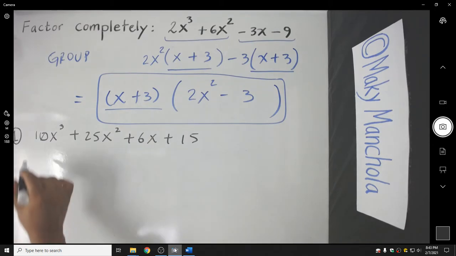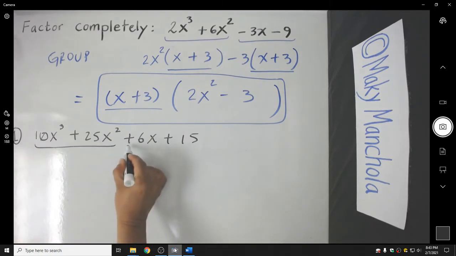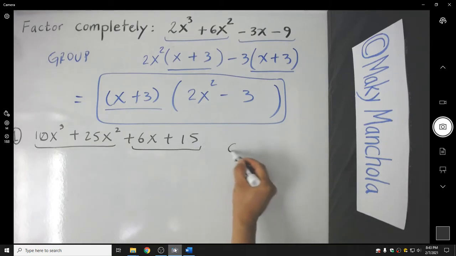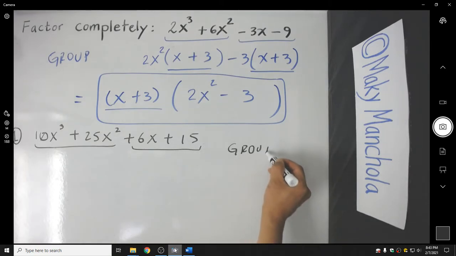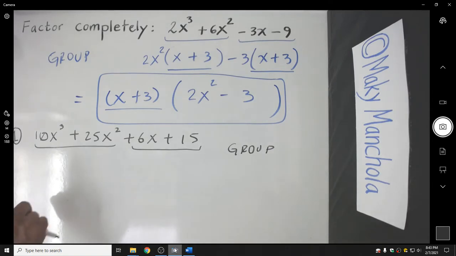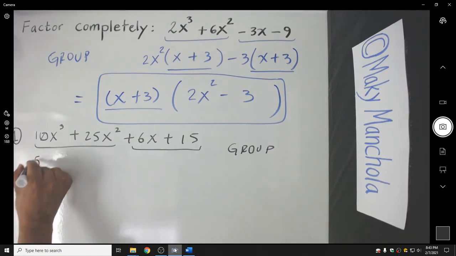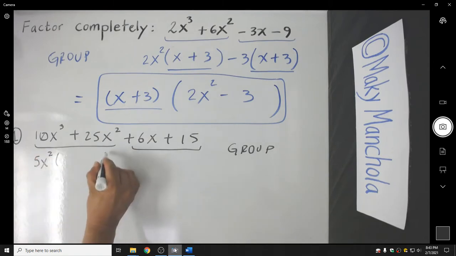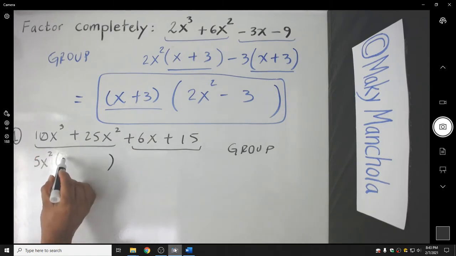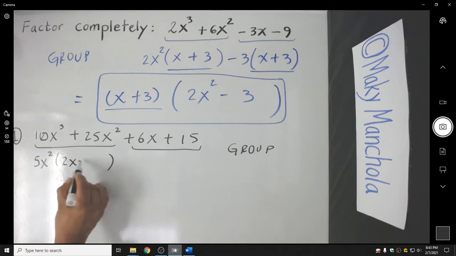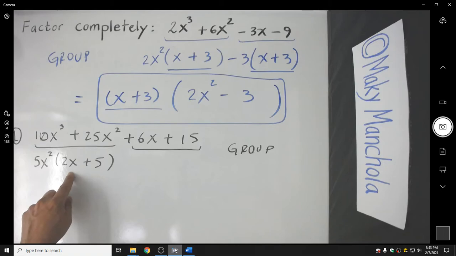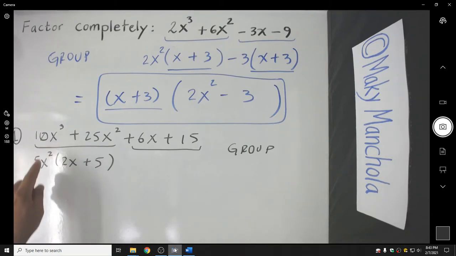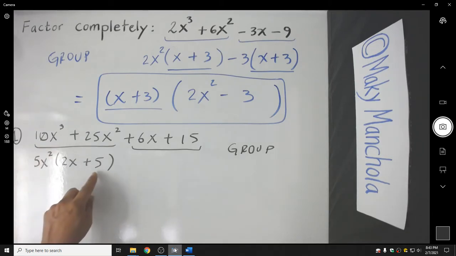Group the first 2 and the last 2, forming two groups. In the first group, we get to factor 5x squared. That's the greatest common factor. And we're left with 2x plus 5. Check: 5x squared times 2x, 10x cubed. 5x squared times 5, 25x squared.